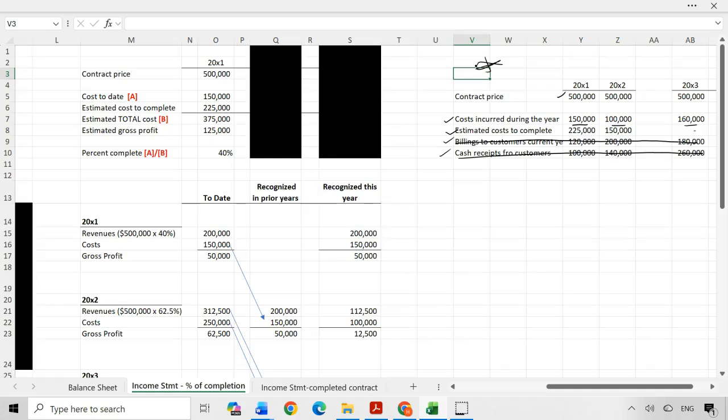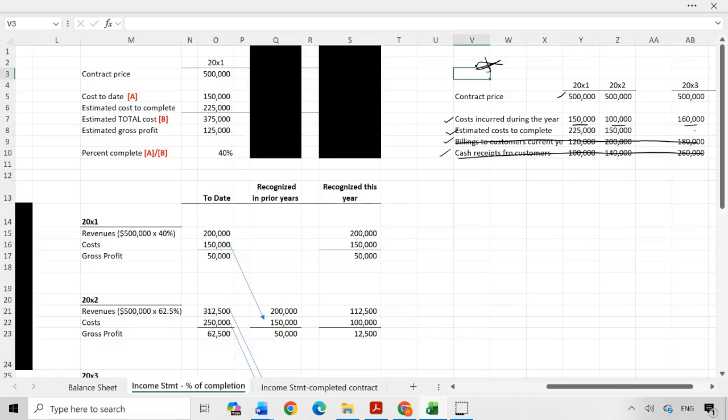And just like it says, with the percentage of completion, we are going to recognize a portion of our revenue for the contract based on the costs that we have incurred over the estimated cost that we think we will incur for the entire project.